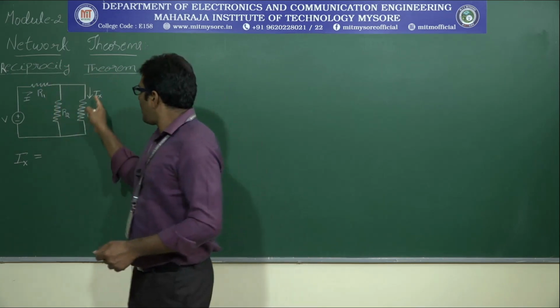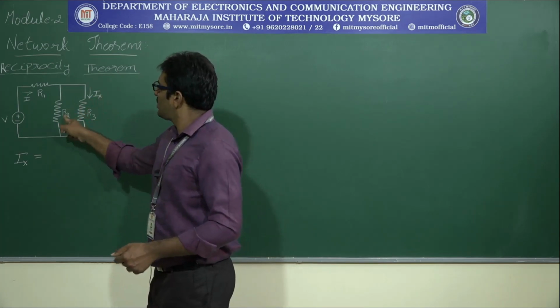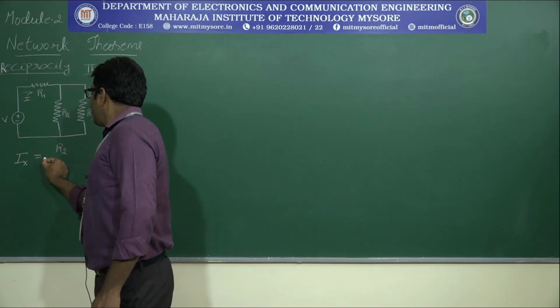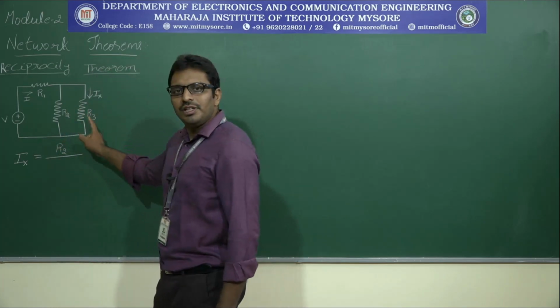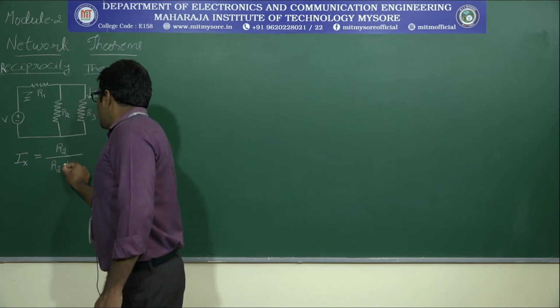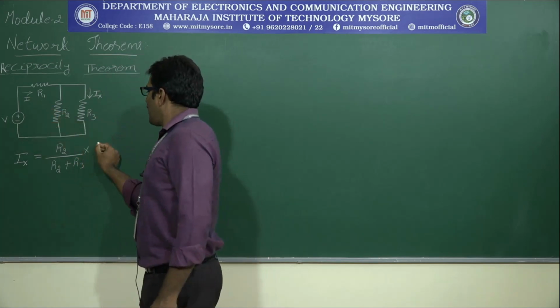I. That's why Ix is equal to R2 divided by the sum of these two resistances, R2 plus R3, into total current I.